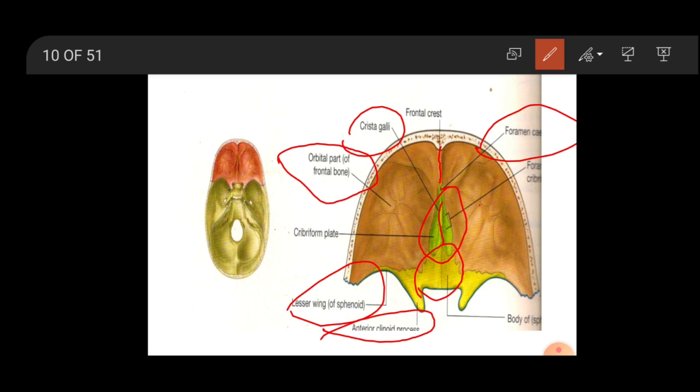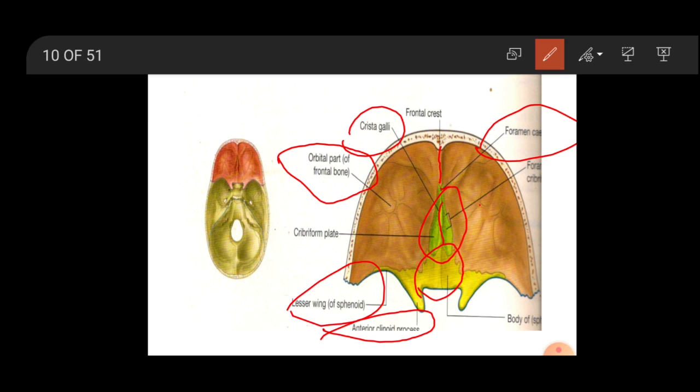So these are the features that you see in the anterior cranial fossa. You have one more structure, that is the anterior clinoid process. It is present in the medial end of the posterior margin of the lesser wing of sphenoid. It is a projection from there. So these are the features that you see in the anterior cranial fossa.